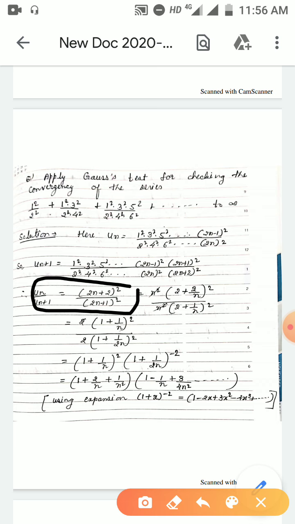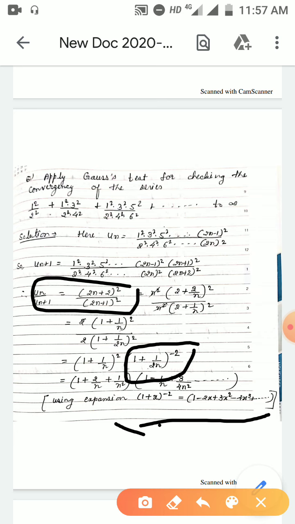So applying (a+b)² in the first term, we will get 1 + 2/n + 1/n², that means a² + 2ab + b². And for this term, we will use the expansion (1+x)^(−2) = 1 − 2x + 3x² − 4x³ and so on.